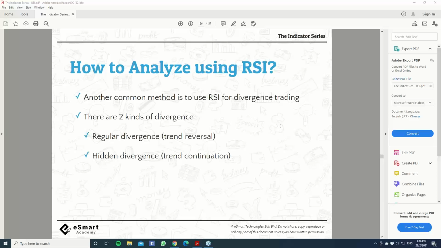But I would say that regular divergence is usually easier to identify, and hidden divergence is usually a bit more challenging unless you are very, very familiar with technical charts. But using RSI to spot divergence will help you in either trend following, where you trade the trend continuation method, or you trade the potential trend reversal.